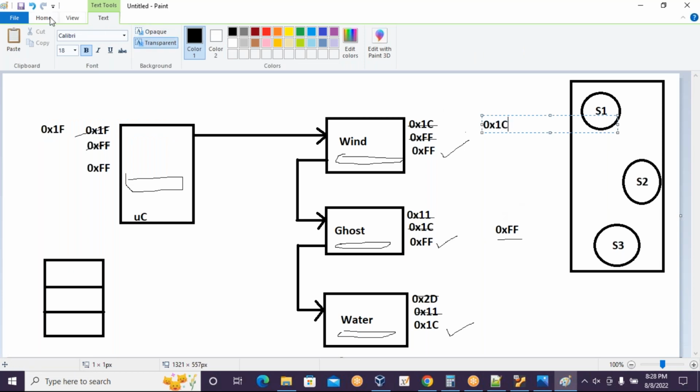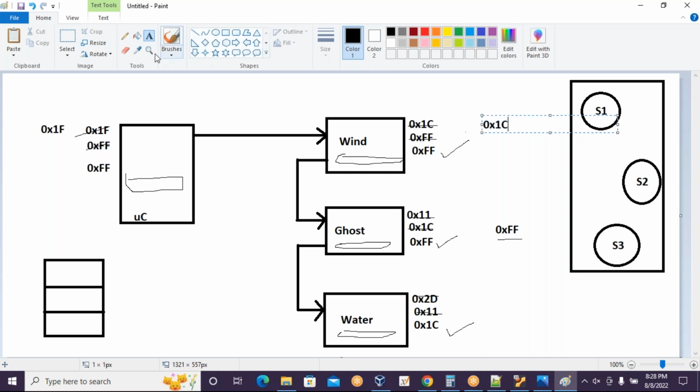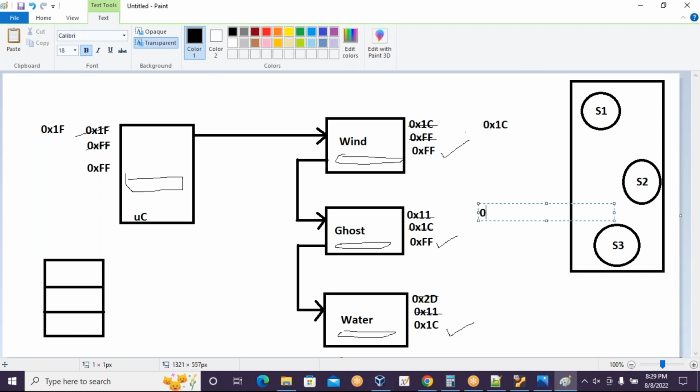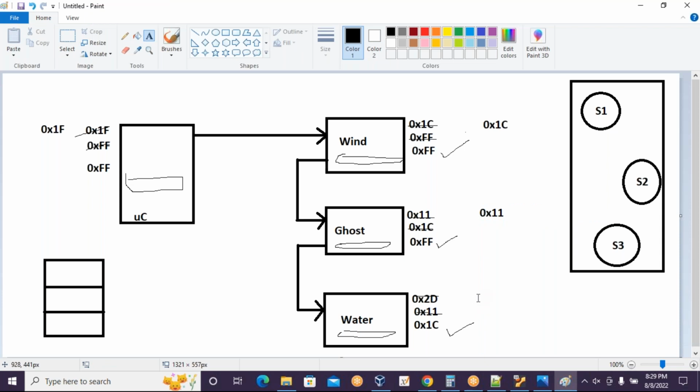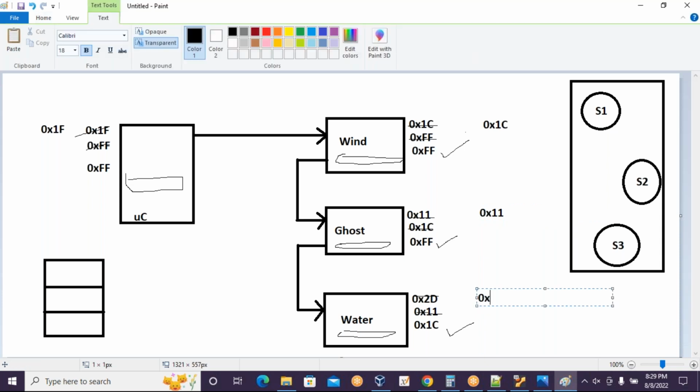This is having 0x11. This is having 0x2d.